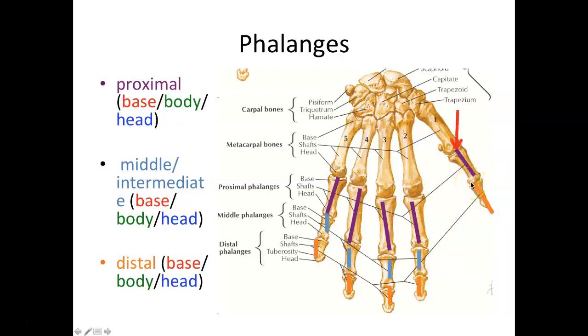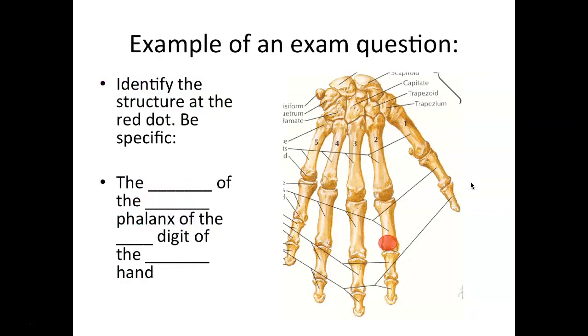Okay, so here would be the base of a proximal phalanx, a body of a proximal phalanx, and a head of a proximal phalanx. So the way that I could ask you this on your practical exam at the end of the quarter, I will have a hand bone there, mark a structure like I did here, and I'll have this listed out for you, and you have to fill out the blanks.